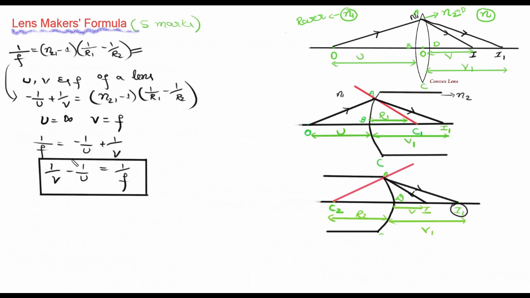But in case of lenses, you will have 1 by v minus 1 by u equal to 1 by f. So if they ask you to obtain the relationship between u, v and f, you can continue from the lens maker's formula and get this equation. Suppose they have just asked you to derive the lens maker's formula, just stop here.